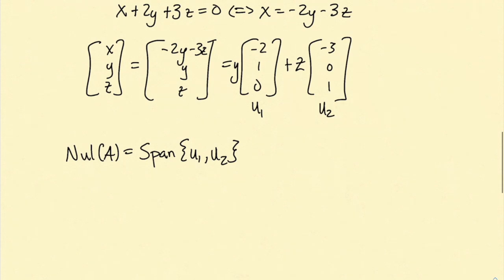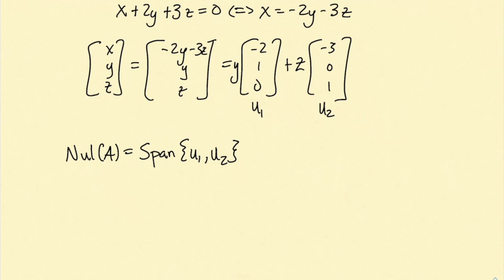Next, you could check with Sage that the matrix with columns u1 and u2 will have 2 pivot positions. This tells us that our 2 vectors, u1 and u2, are linearly independent. So in fact, this is a subspace of R3 of dimension 2.